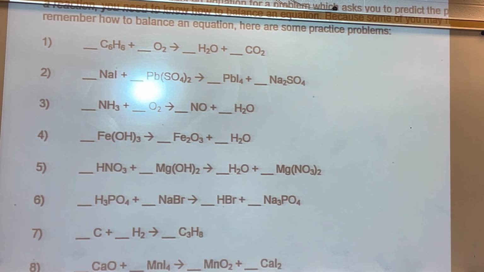That means you need a 2 plus this. Can we write these on another sheet of paper so we don't have to erase over and over? Sure.